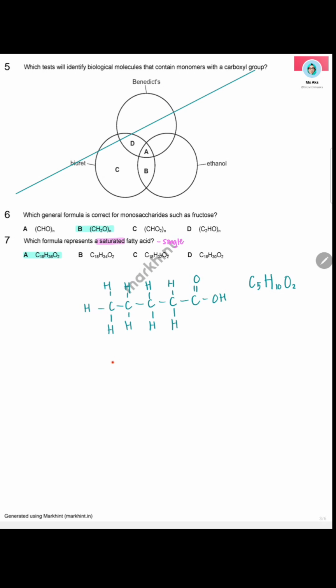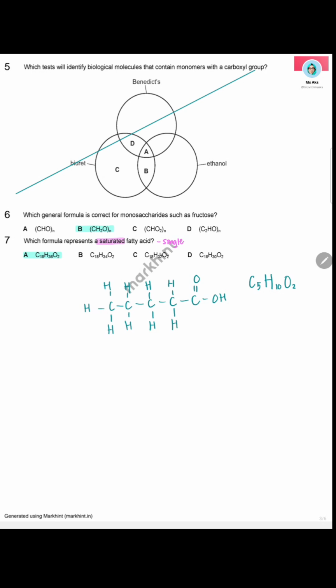So I started drawing like so, with 5 carbons: 1, 2, 3, 4, 5. Another thing I want you to remember is that this is a fatty acid. That means it should have a carboxylic acid group, or the COOH group. So you can start at that functional group there, C double bond O, OH. Oh, that was missing. It's a bit unfortunate.